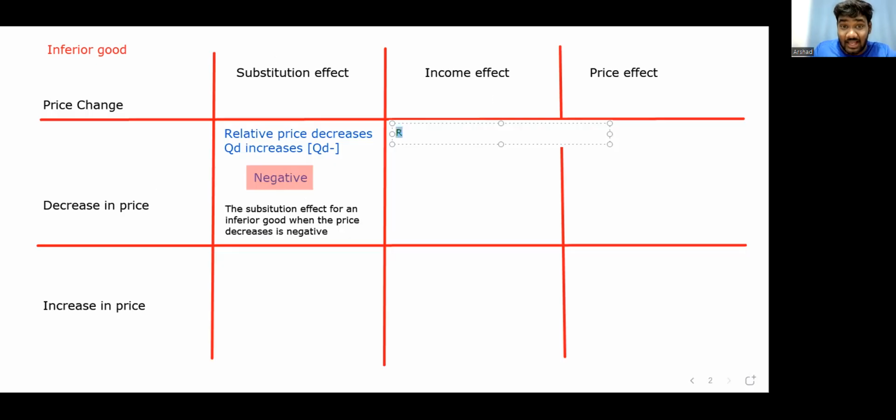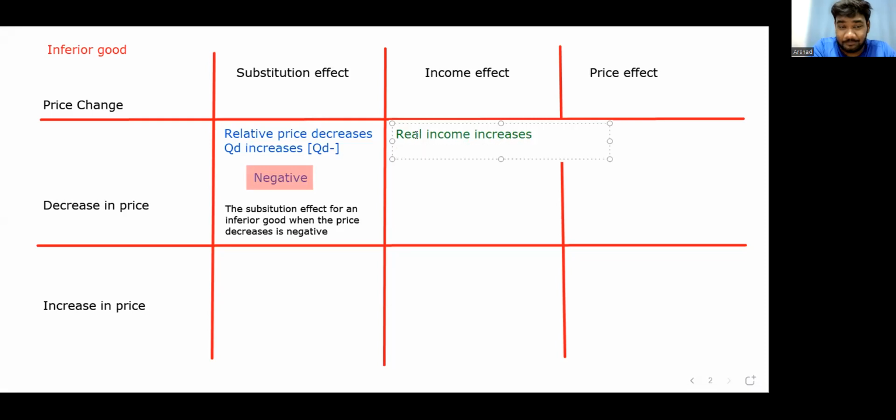Okay. So can you tell me, and this is where the change happens. Very nice story, right? When the price decreases, what happens to real income? Increases or decreases? When the prices of goods go down, real income, in other words your purchasing power, increases, right?